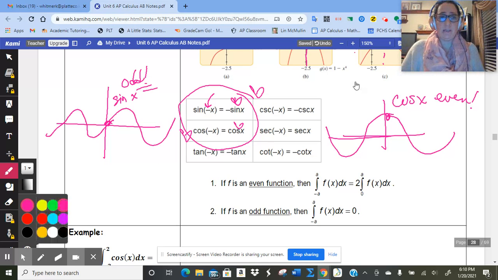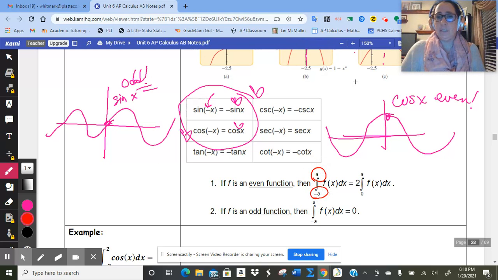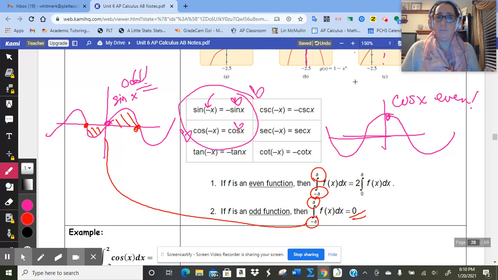But another thing that's super cool about an even function is if I go from one value to its opposite, so like this value to this value, on odd, the areas cancel out because you have the same amount on top that you did on bottom. So when you do this with an odd, they cancel and you get 0, just like on the sine function.